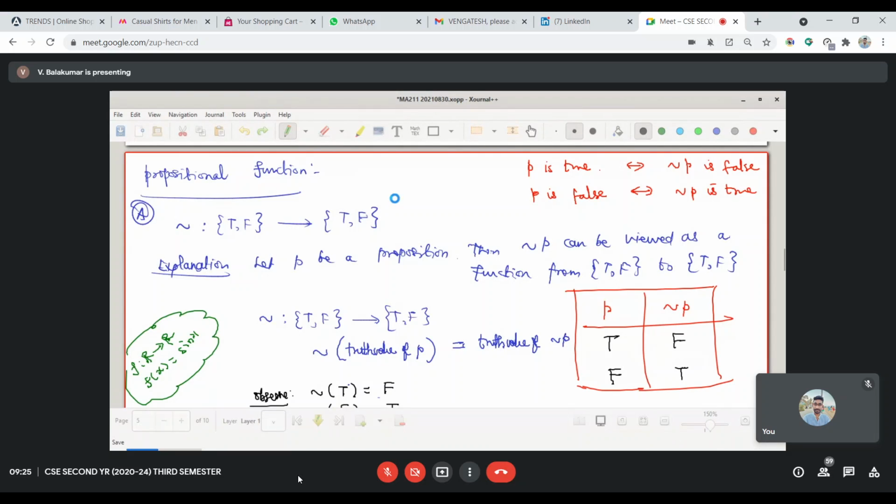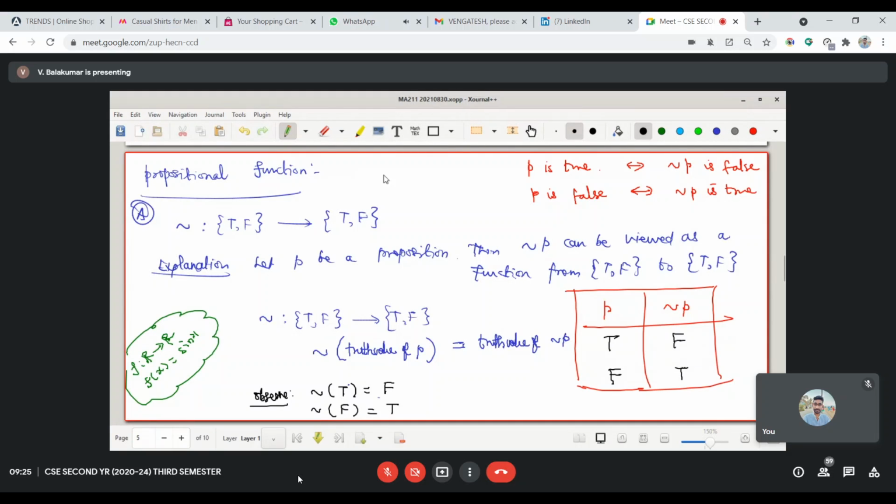Are you following this? Or if you want to write the same thing, instead of this tilde, you can write tilde p. But still, it holds the same. Let us keep it in this way, because this is our propositional function. This notation we shall use instead of f.